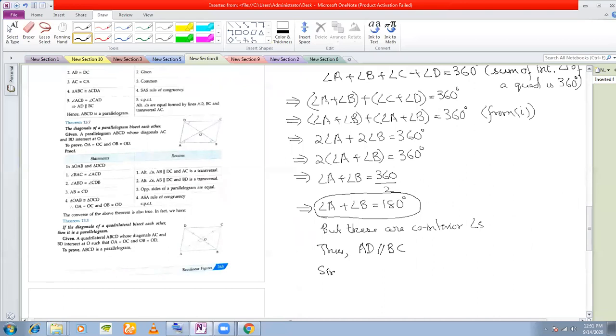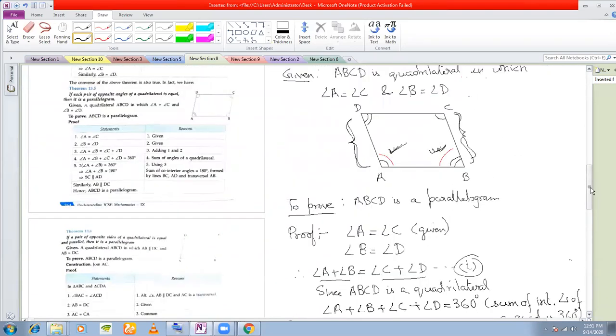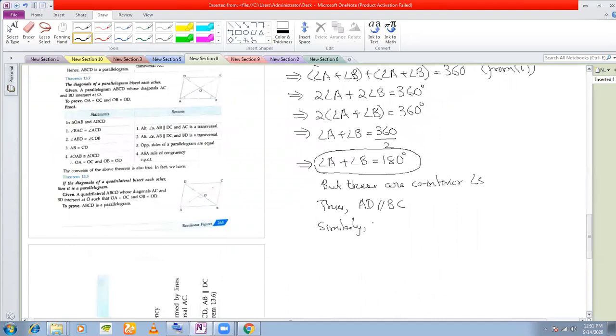Similarly, if we proceed exactly on similar lines, you can say AB parallel to DC, the other two sides. Hence ABCD is a parallelogram, because the opposite sides of the quadrilateral are parallel, and therefore it must be a parallelogram.